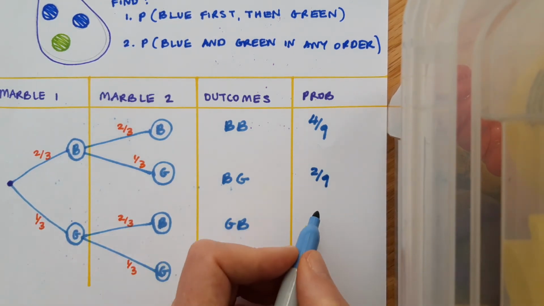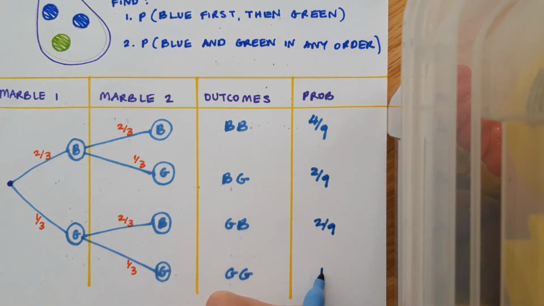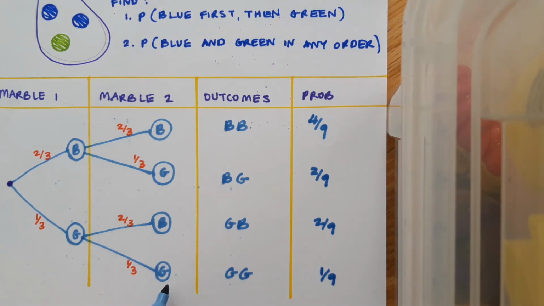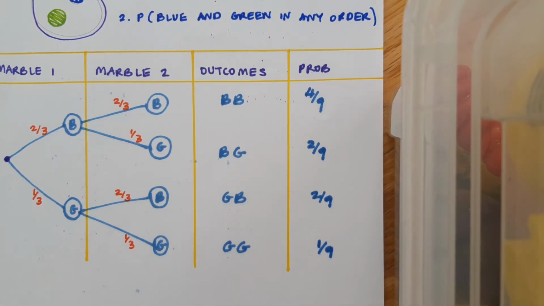Green and blue is going to give me 2/9, and green and green is going to give me 1/9. And notice there, as I'm doing that, I'm saying "and", and of course we know that "and" is dealt with by multiplication in probability.